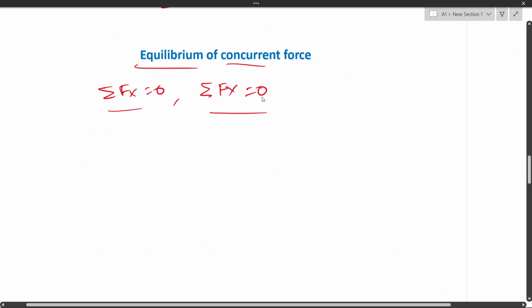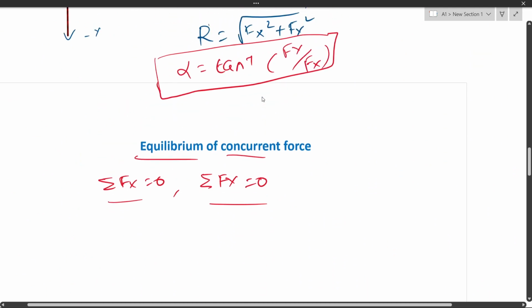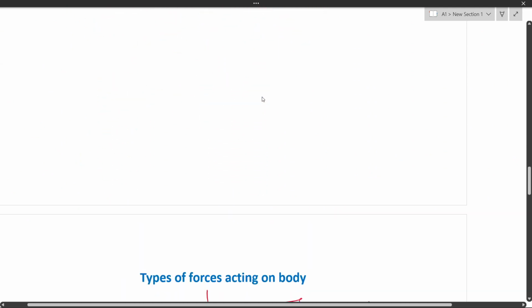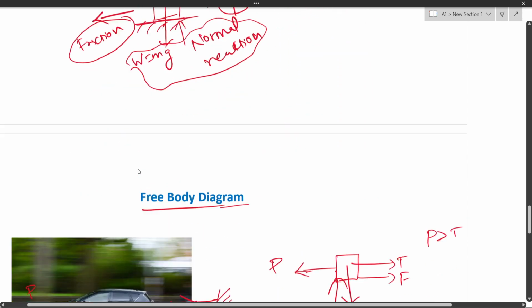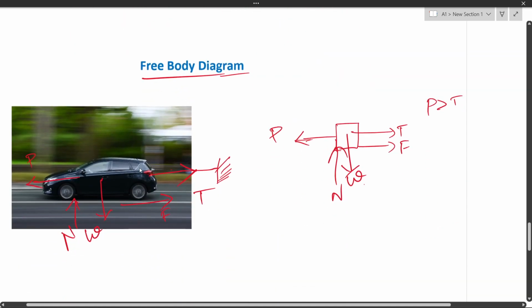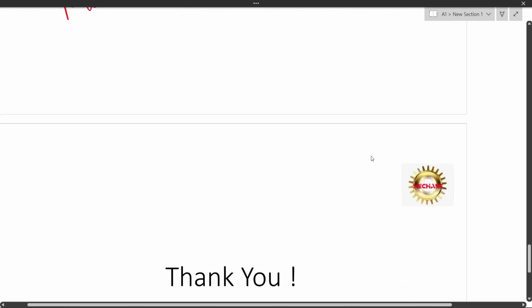That means the force acting in the x and y directions should be 0, then only it could be in equilibrium, that is stationary. Then the types of forces acting on the body, applied and non-applied forces, and the free body diagram, why we need it, and what the important forces are that we consider in a free body diagram. So thank you.